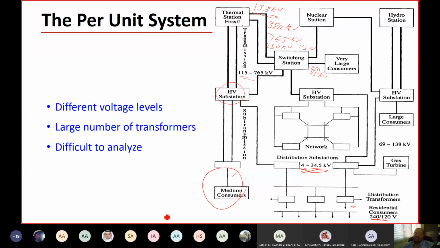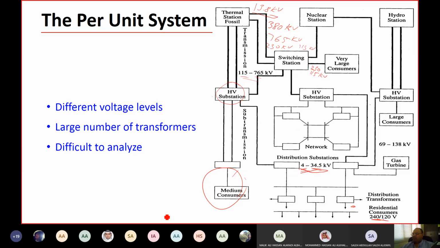And this system, if you use the actual values, kilovolt, kiloampere, ohm, megavolt ampere, megawatt, and so on, would be very, very, very difficult to analyze. In order to simplify the analysis, we will go to what we call the per unit system.